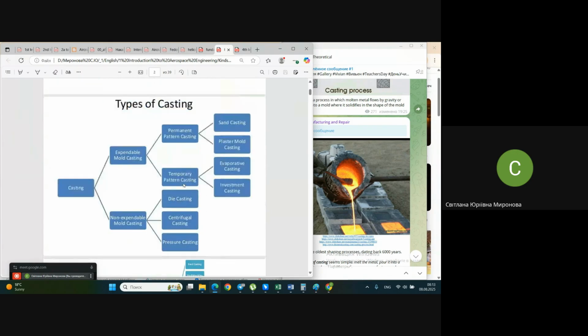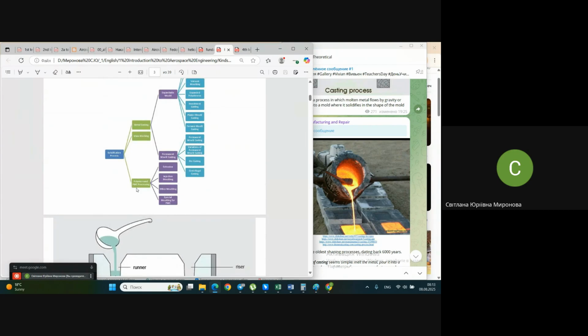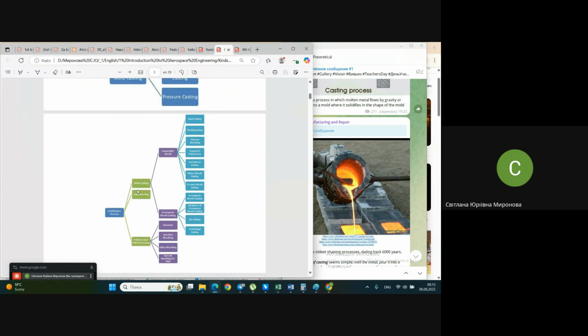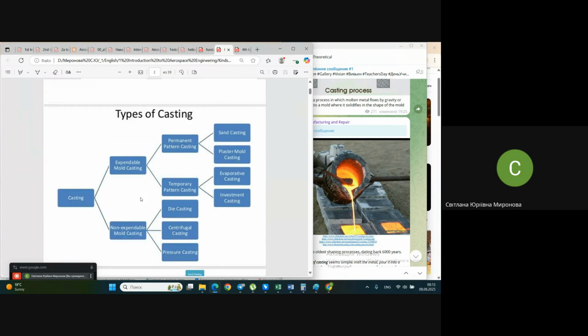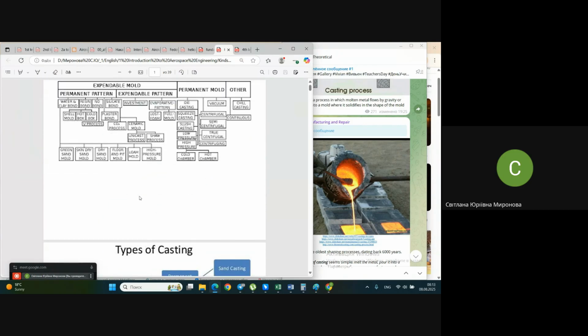Let's see. What do you see here? Casting. Once again, look, different variants of classification, and don't be confused by it. Do remember, how many engineers, so many opinions.